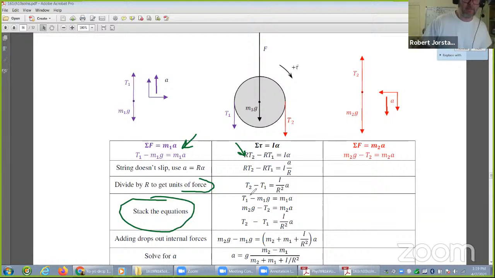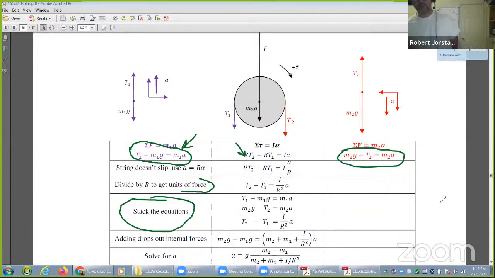In a different problem, when they have different radii, it might make sense to do the other way. If you have different radii, multiplying this by r1 and that by r2 might make more sense. But stacking them and adding them makes short work of this. Got it? Questions?